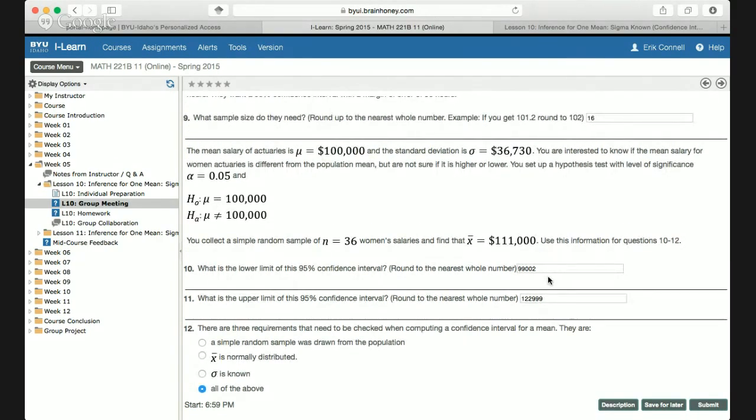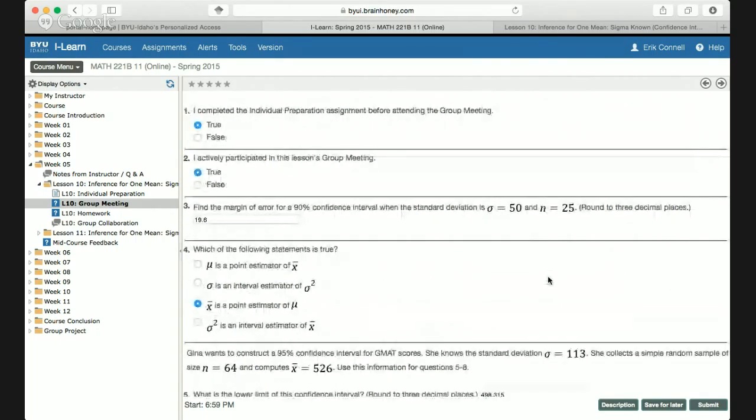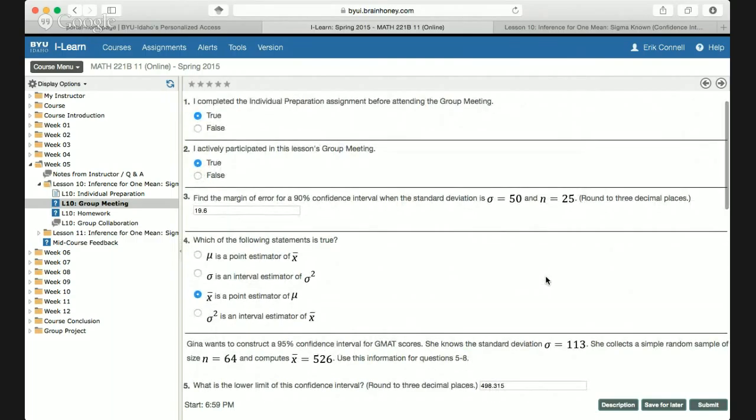And let's just go over everything real quick. So here, find the margin of error, 90% confidence interval. I got 19.6. So you take, what confidence interval was that? 90.